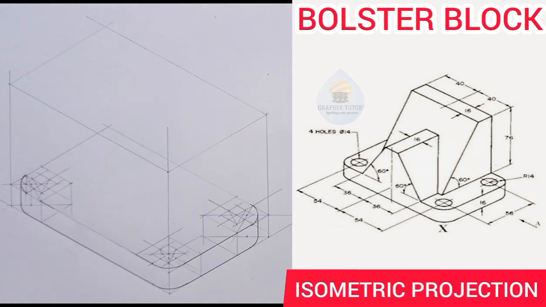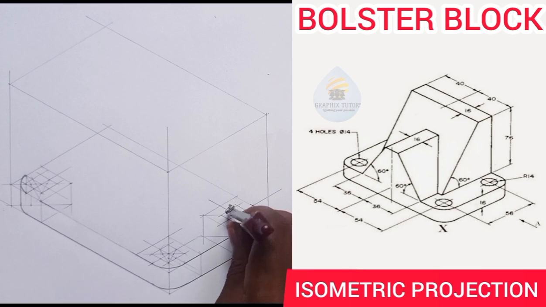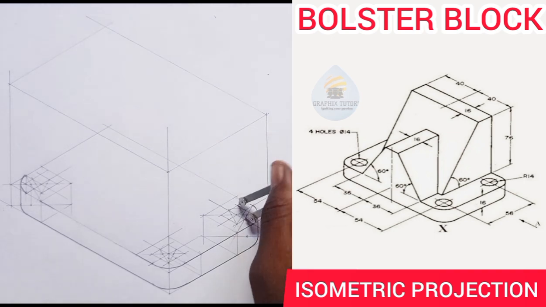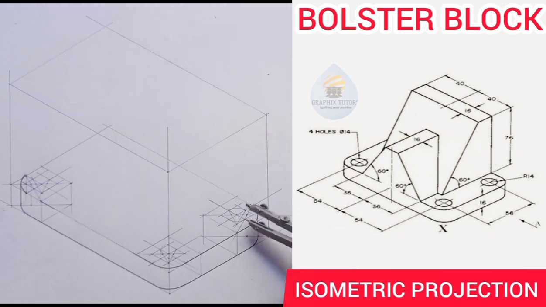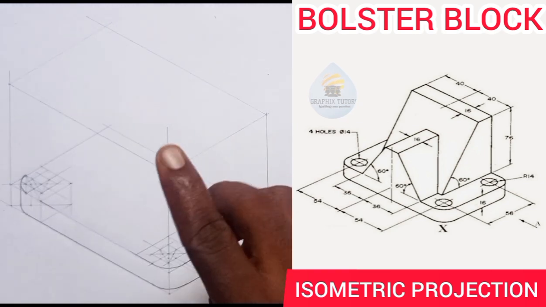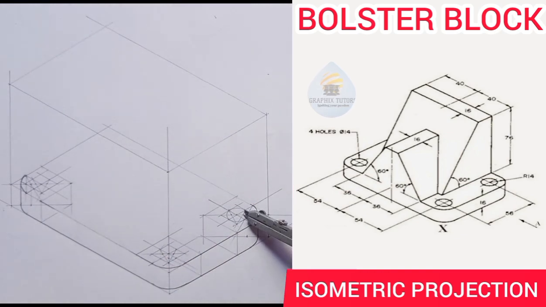So I'll now take my instrument, like my compass. I place it here. I'll close it up. Can you see that? I'll place it here too. I'll close it up. Can you see that? We come to the center point here. I'll just close it up. I'll come here too.